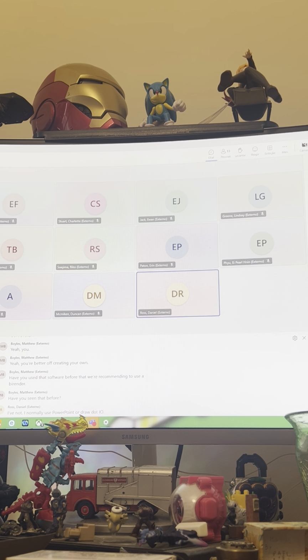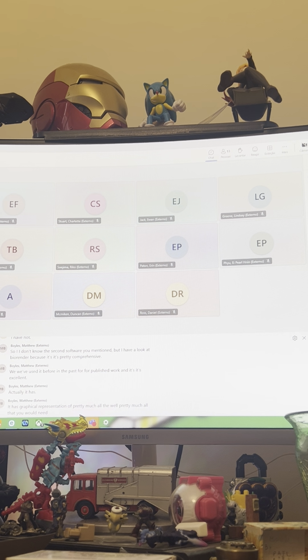I don't know the second software you mentioned, but have a look at BioRender because it's pretty comprehensive. We've used it before in the past for published work, and it's excellent actually. It has graphical representation of pretty much all that you would need. So I'd definitely go there first.